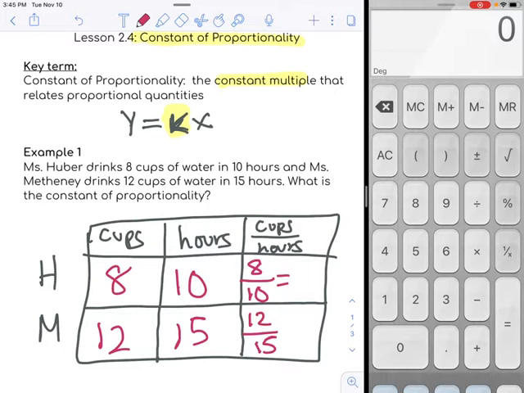So if I actually divide this out, remember you can use your calculator on this topic, 8 divided by 10 is 0.8, and 12 divided by 15 for Mrs. Matheny is also 0.8.